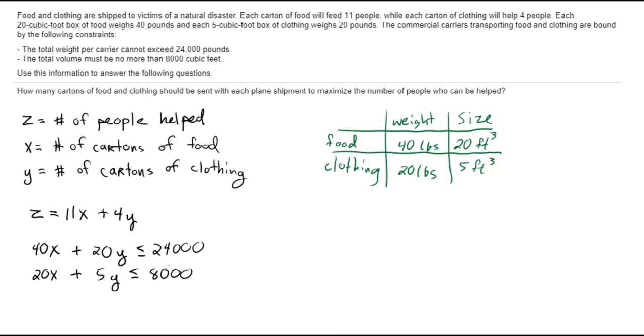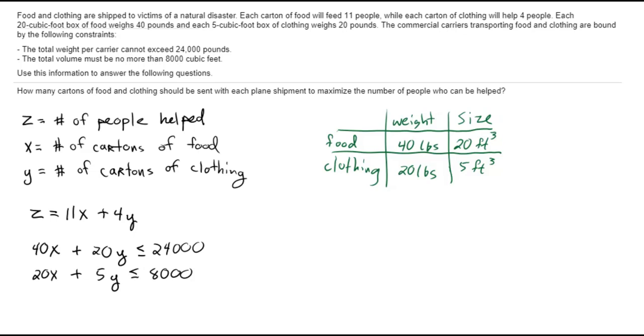Those are my two constraints, plus the idea that we can't have less than 0 cartons of food and less than 0 cartons of clothing, so 0 bounds the minimum side. Now that we have all of that, I want to graph my constraints to figure out where my corners, or vertices, are, to get a sense of where my potential maximums are.